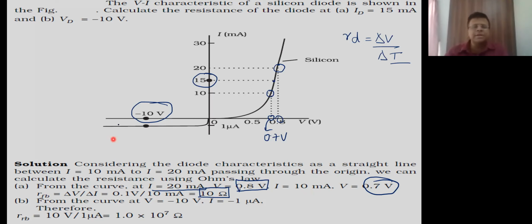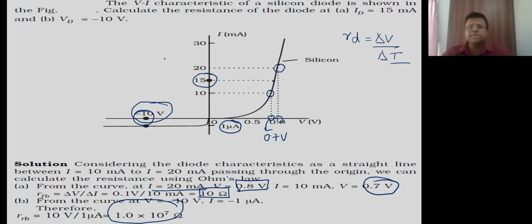And in the reverse bias condition, the value of current is almost constant here. So 10 divided by 1 microampere: at this point your reverse saturation current is 1 microampere, so when you divide, you can see it is greater than 1 mega ohm, one order more than 1 mega ohm.